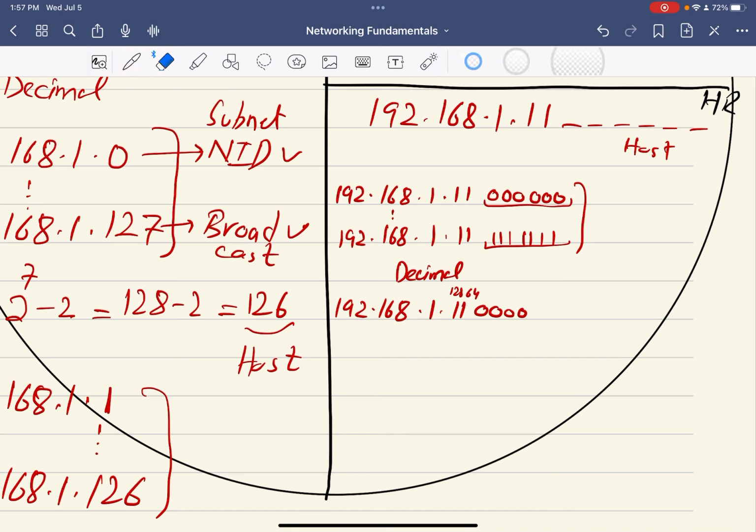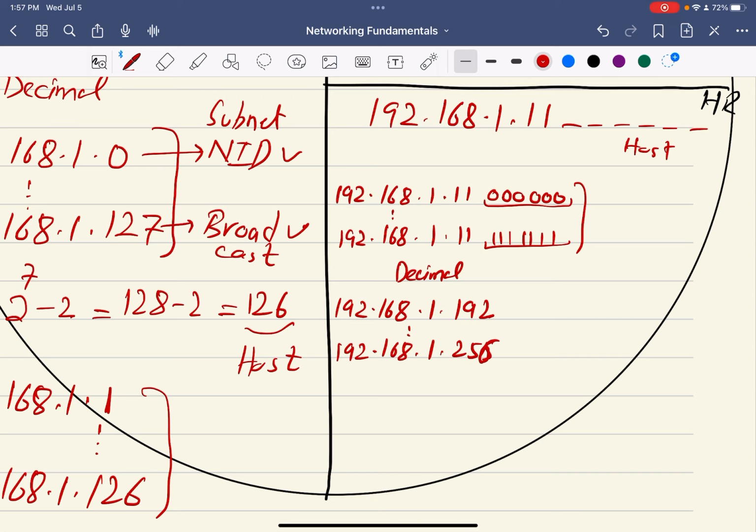So let me just clean it. This can be 192. And if you calculate, all these are 1. So the value is 192.168.1.255. So 256. Sorry about that.